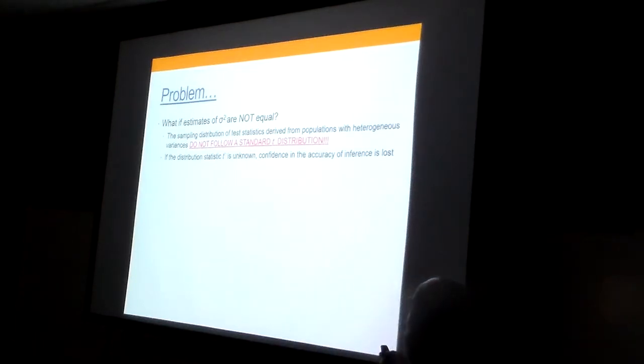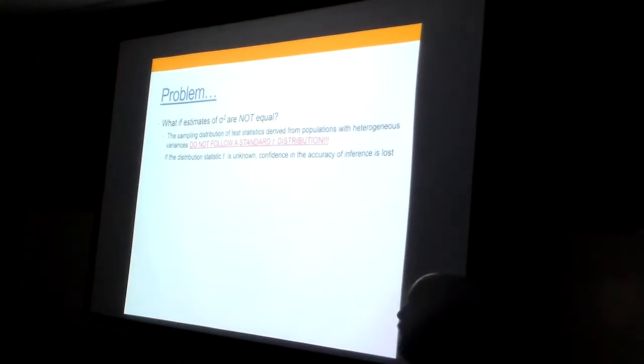And so what we have is a new distribution, right? We've got a new sampling distribution of T prime, and we don't know what the sampling distribution of T prime is. It's something, we just don't know what it is. And if we start pretending like T prime follows a sampling distribution of our known T's and making decisions based on that, things start to get out of whack, okay?